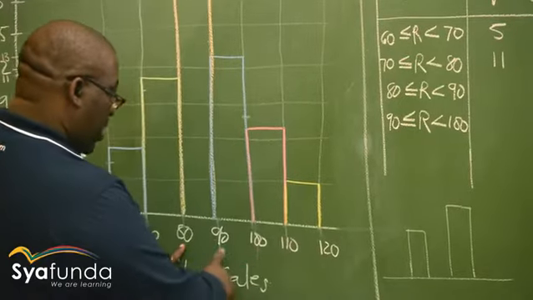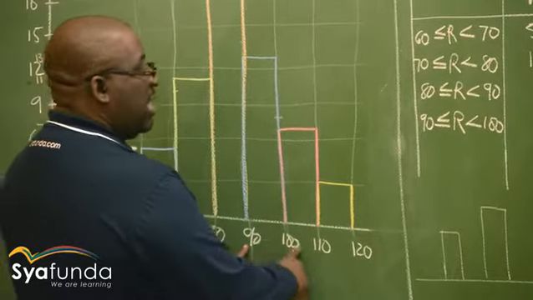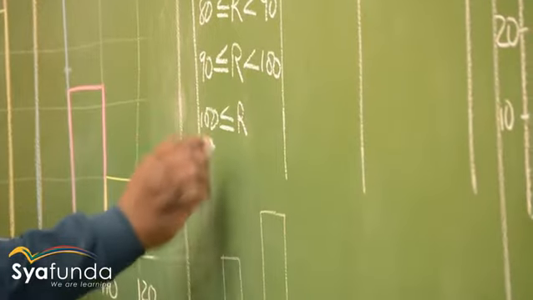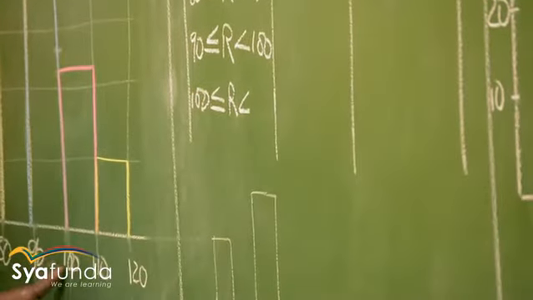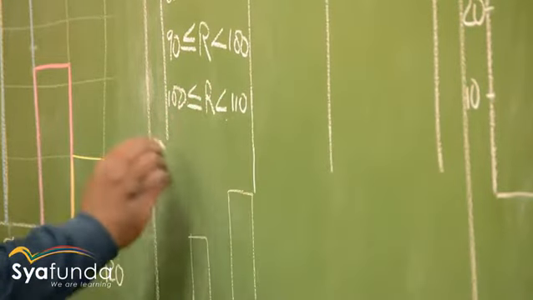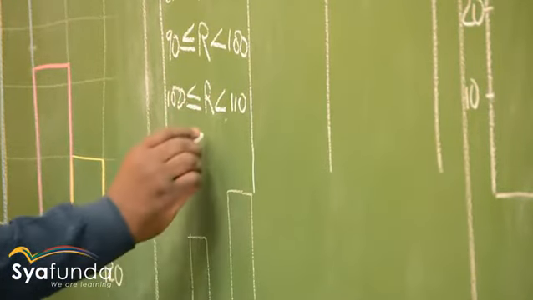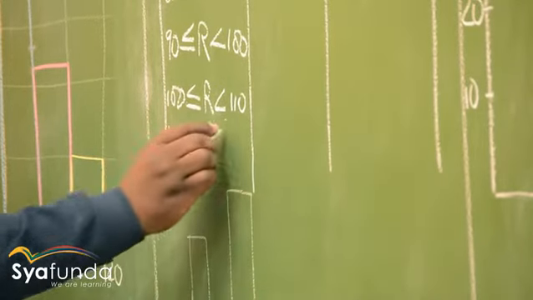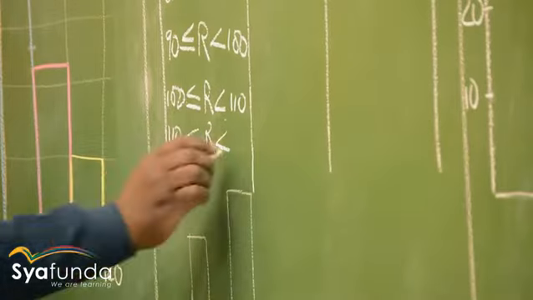We go up to 120. The next one is greater or equal to 100, and less than 110. The last one is greater or equal to 110 up to less than 120.